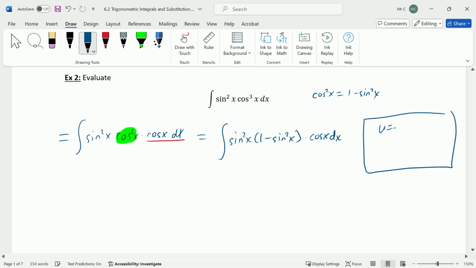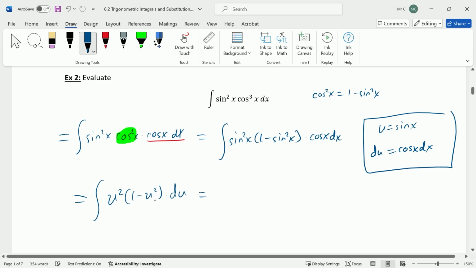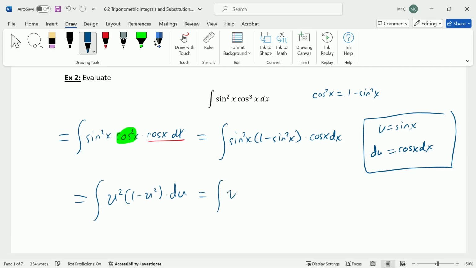And we do our u substitution. u is sine of x, so du is cosine of x dx. And that becomes the integral of u squared times 1 minus u squared times du. Now I just multiply the u squared across. I get u squared minus u to the 4th du.